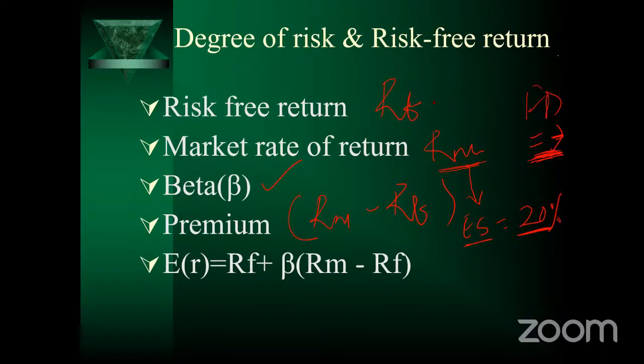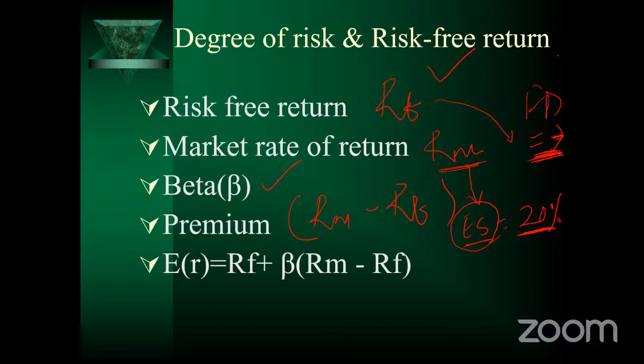Without taking any risk as an investor, let's say I'm getting 7%. If I take risk, then I have to invest my money in equity shares instead of fixed deposit. Because I am a risk taker, I'm going to take the risk. Since I am taking more risk, I must anticipate more return. So here the risk-free rate of return is 7% and the market rate of return is 20%.